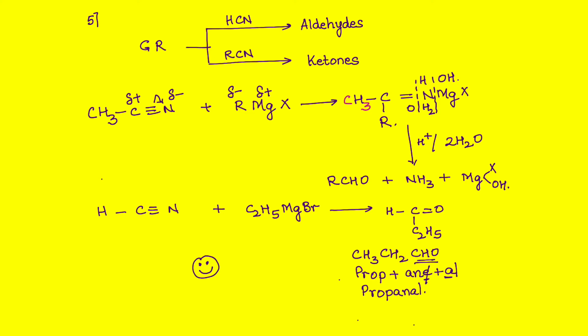What will be your final product then? The side products remain the same. Yes, it's going to be CH3, C double bond O, R. So what product is this? Yes, of course, it's a ketone. So notice over here, Grignard's reagent plus HCN gives us aldehydes, whereas Grignard's reagent with alkyl cyanides gives us ketones.